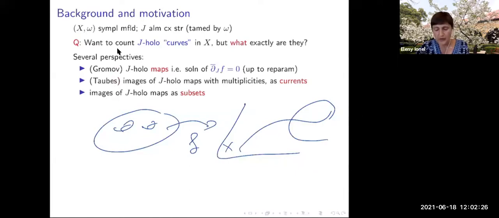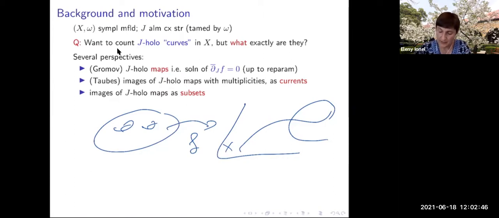And somewhere in between, you don't really look at it as a map mod reparameterization, but you carry a bit more information than just the image. Going back to Taubes, motivated by his work relating Seiberg-Witten invariants to the Gromov-Witten invariants, we can also look at the images. By a curve, we can mean the image of a J-holomorphic map, but counted with multiplicities.